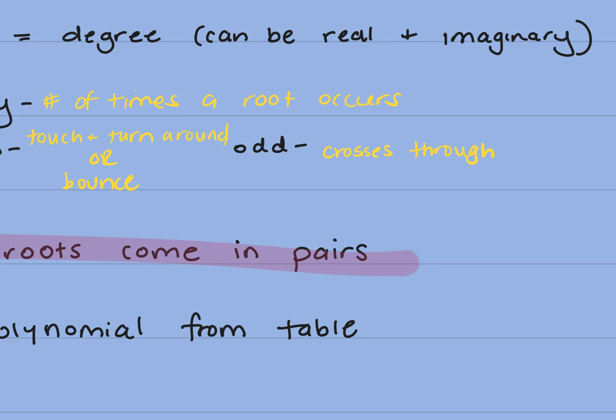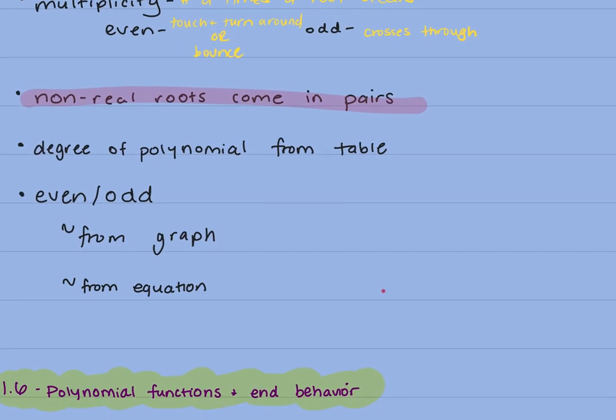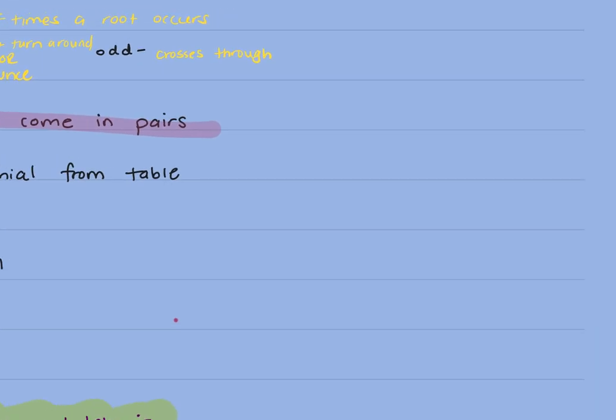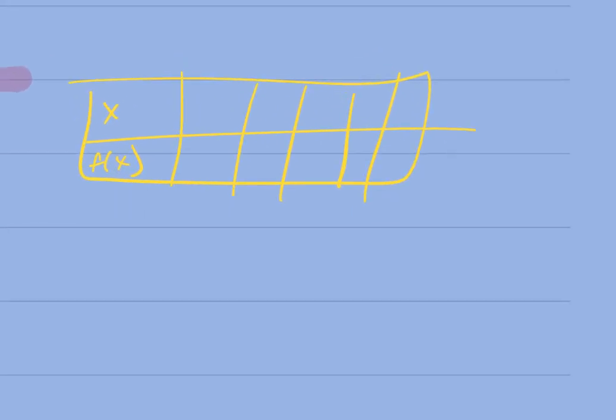Dane. How do you figure out that if it's even? All right, then you're going to learn your degree of a polynomial from a table. So you're going to get a table of values. You're going to get your x's and your f of x's, okay? And you're going to determine if it's linear, quadratic, cubic.